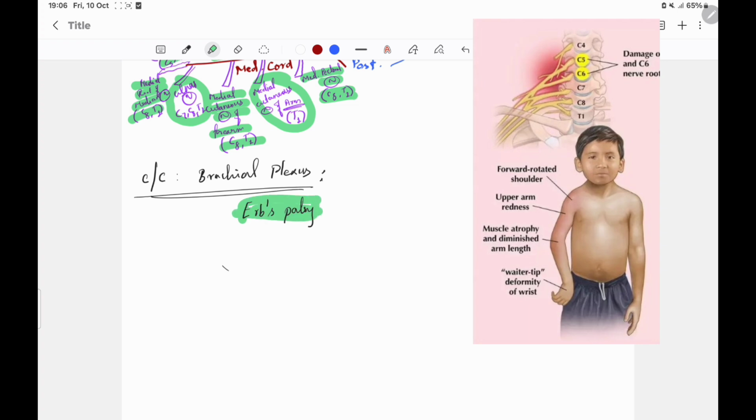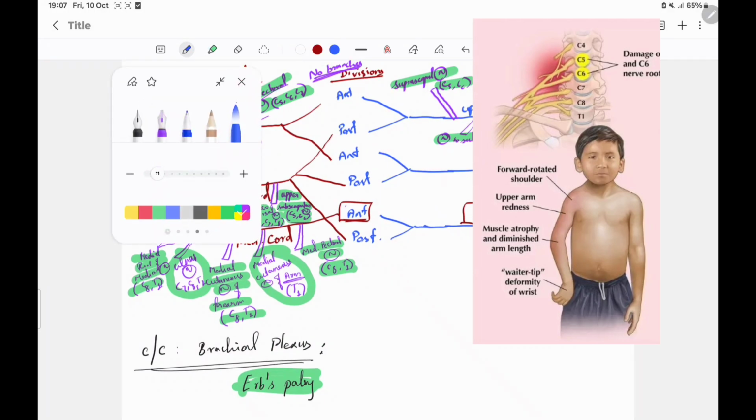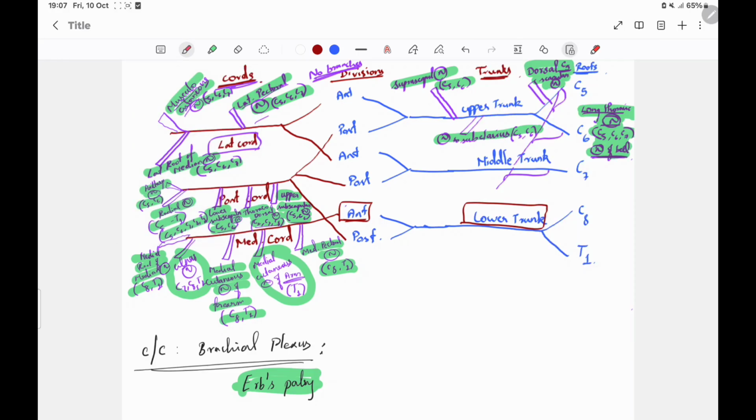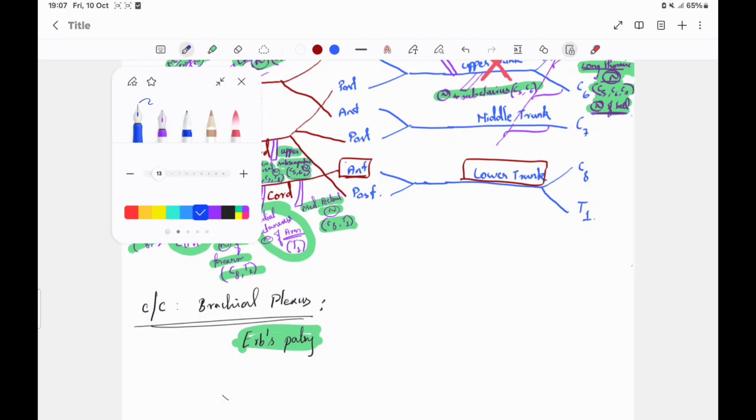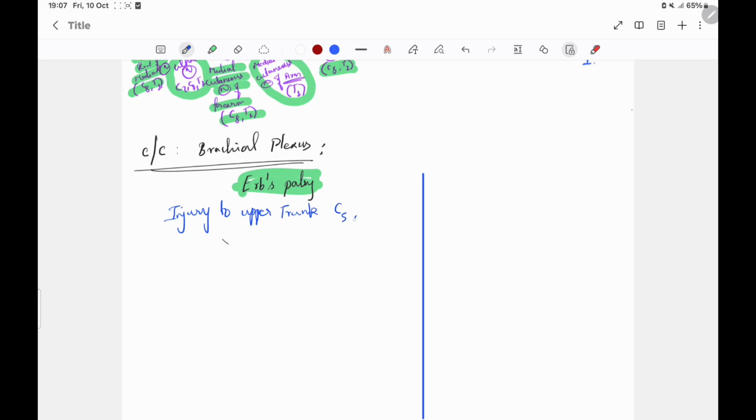Erb's palsy is an injury to the upper trunk. It has C5, C6 nerve roots.